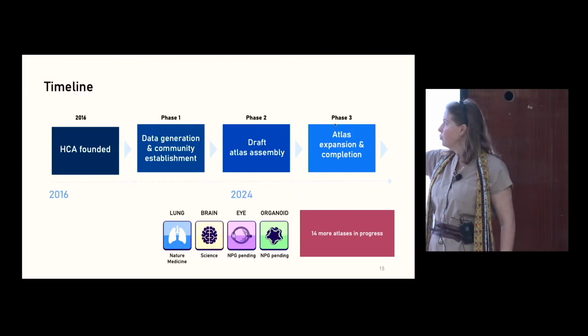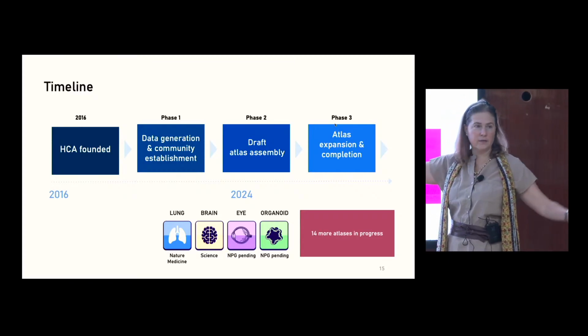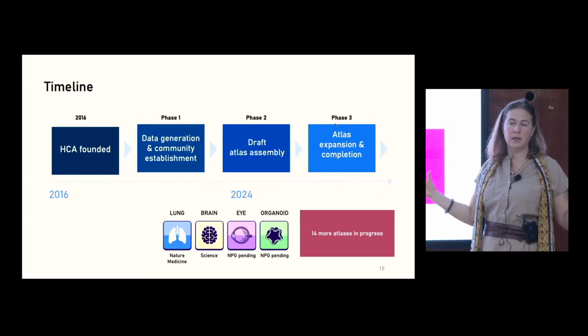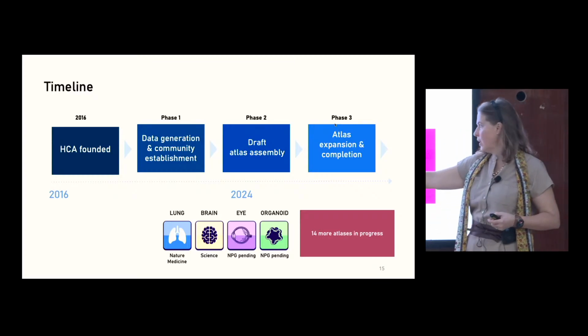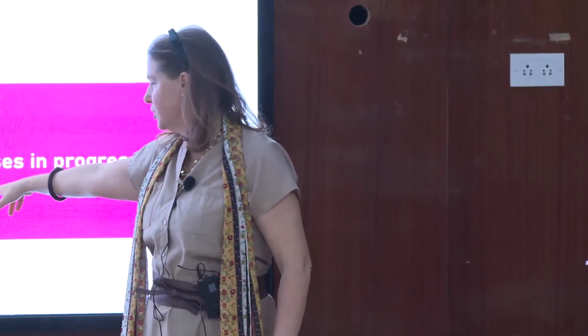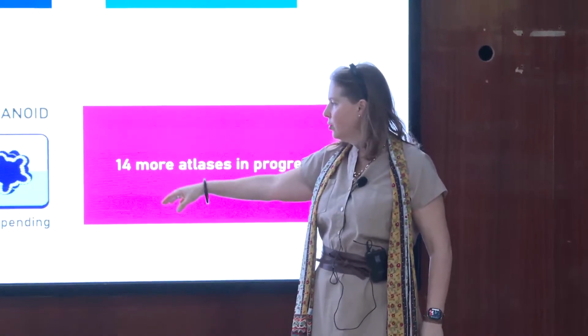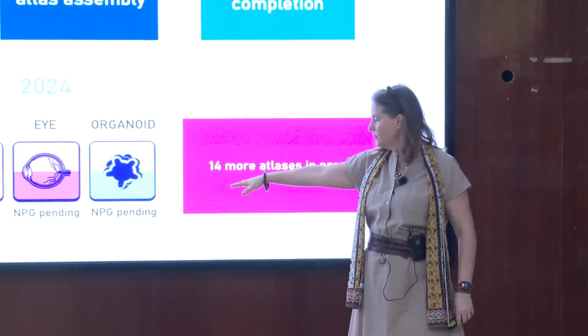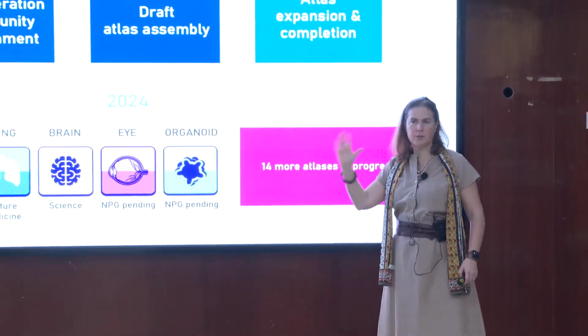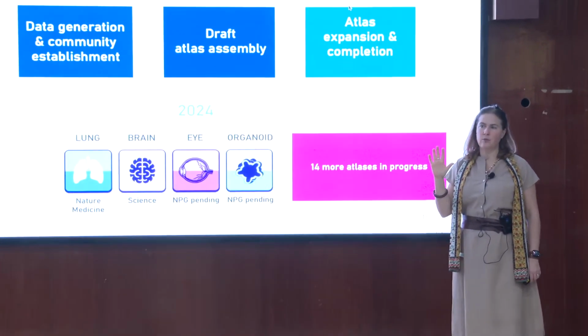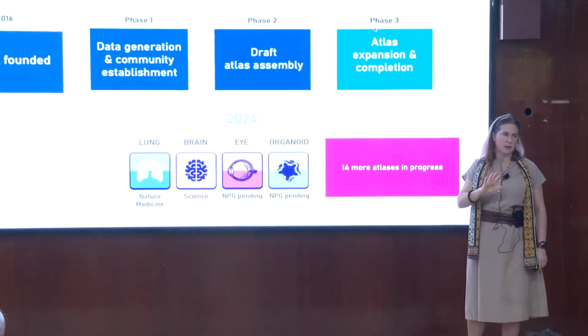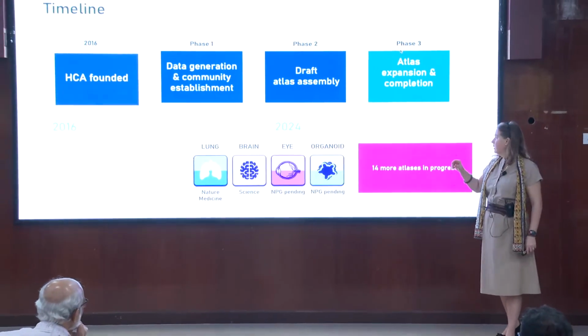And now we are roughly in this broad second phase of assembling all that data and integrating it and making draft integrated data objects available on data.humancellatlas.org, and we've already had the lung, the brain, the eye, and organoids, and these have come out in different publications, but also provide integrated reference data objects that we put on the portal.